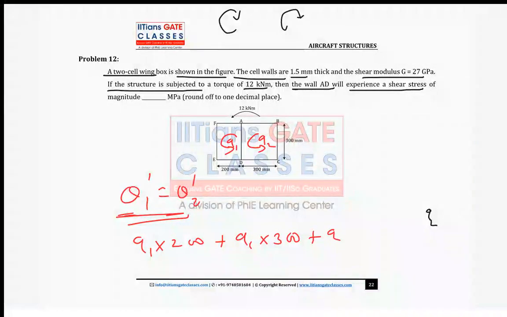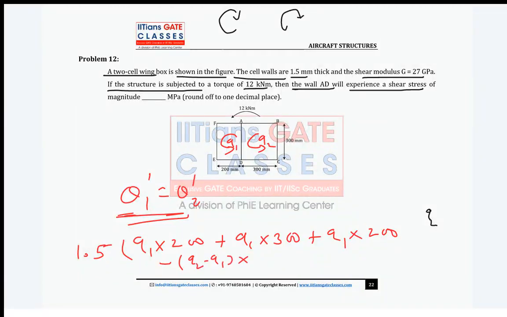Q1 into 200, and it was outside, multiplied by 1.5, right? Then D to A, what will it be now? Plus or minus? It will be minus QAD, right? So what is the QAD? It is Q2 minus Q1 into 300.